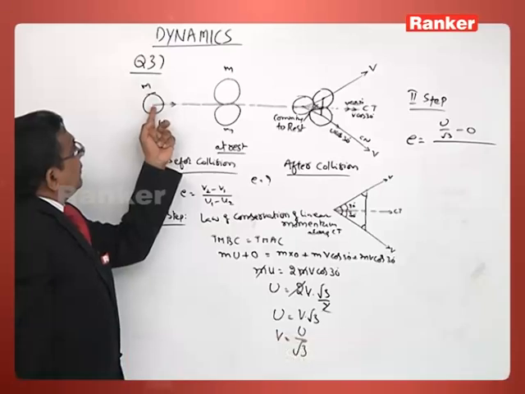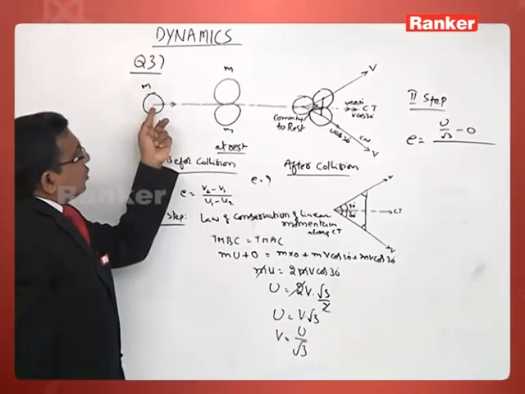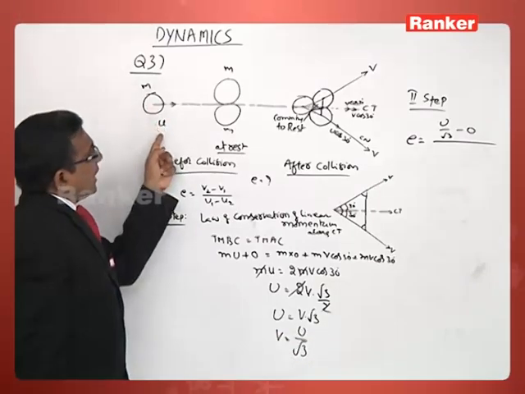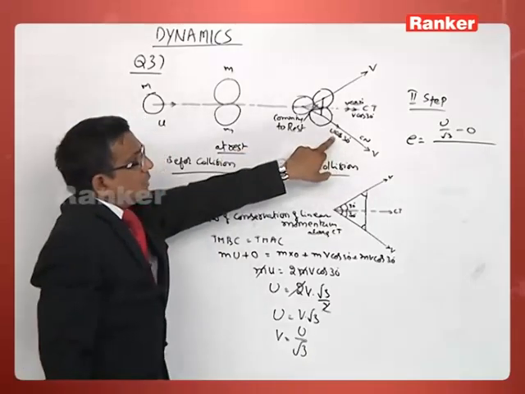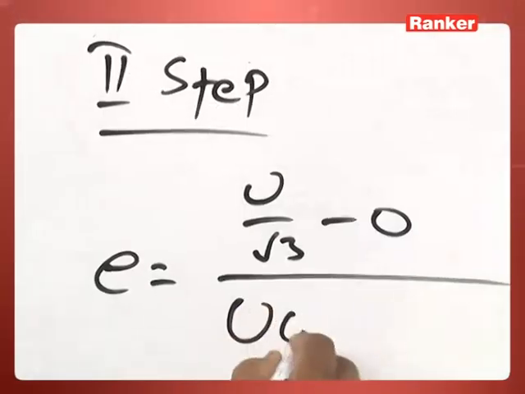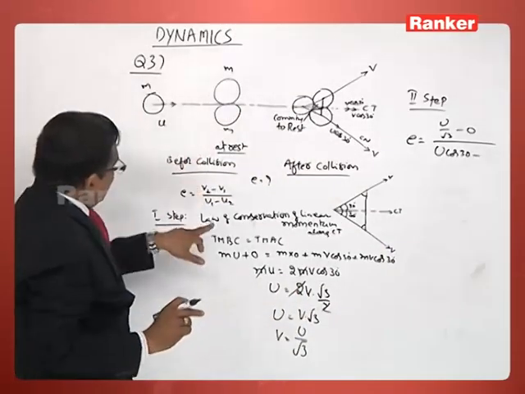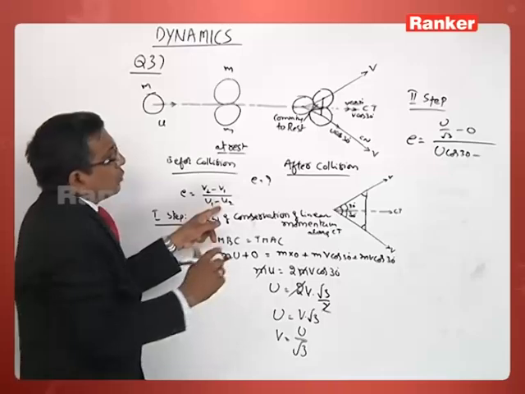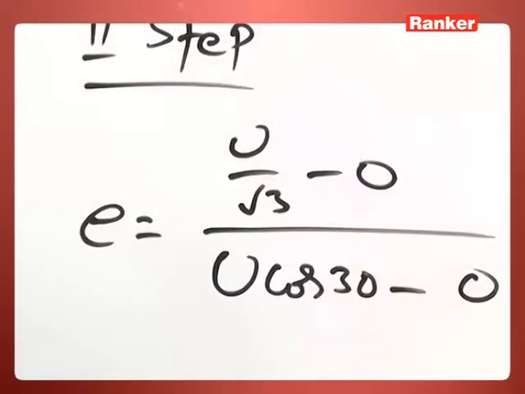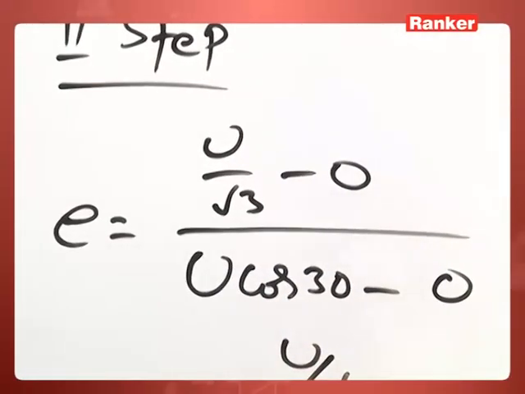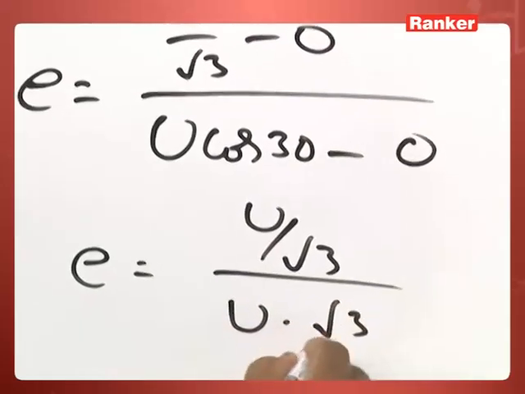U1 is the velocity before collision. Before collision, only this one is moving, and its velocity in the common normal direction is the component u cos 30, minus 0, because these two are at rest before collision, so the U2 term becomes 0.